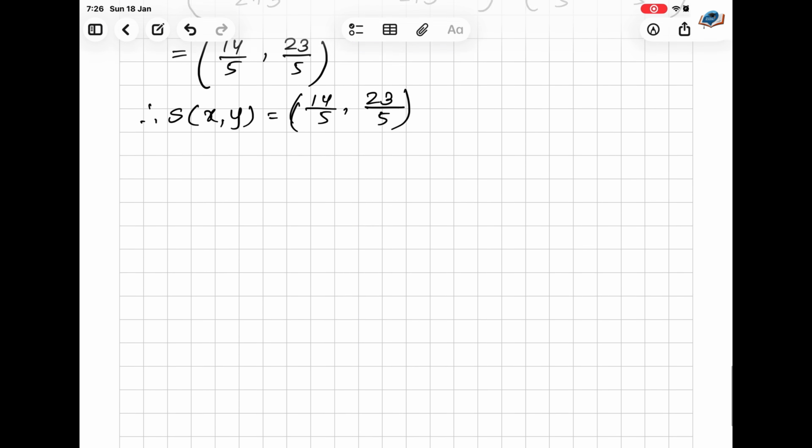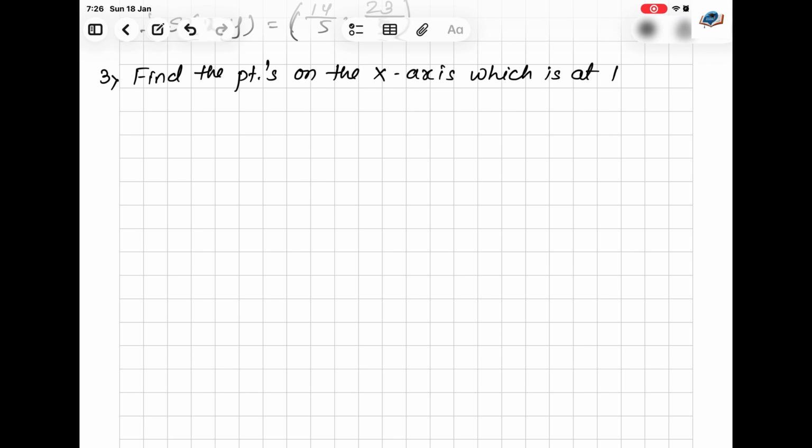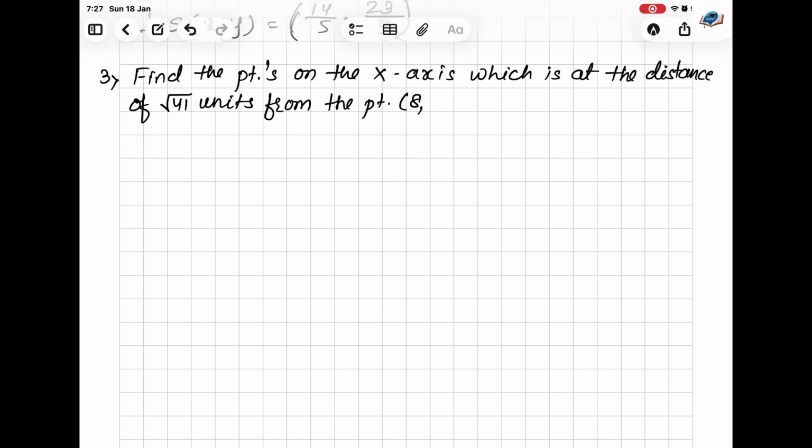Now coming to the third part of the next question, it says find the points on the x-axis which is at the distance of root 41 units from the point 8 comma minus 5.